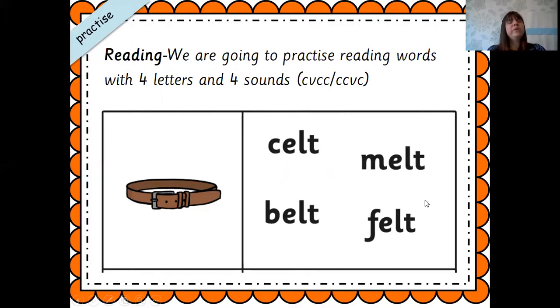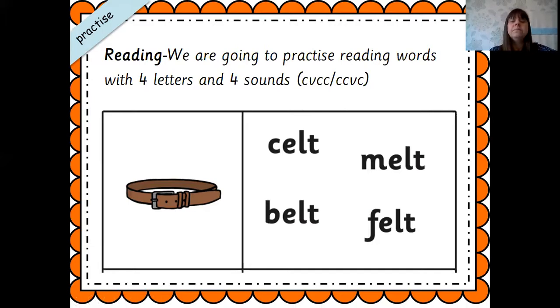Now, I think this one is a bit easier. Do you know why? Because I'm going to sound out the word belt. B-E-L-T. What does belt begin with? What's the first sound you hear? B. Now, if you look at all these words, there's only one word here that begins with the sound B, so it's got to be that one.